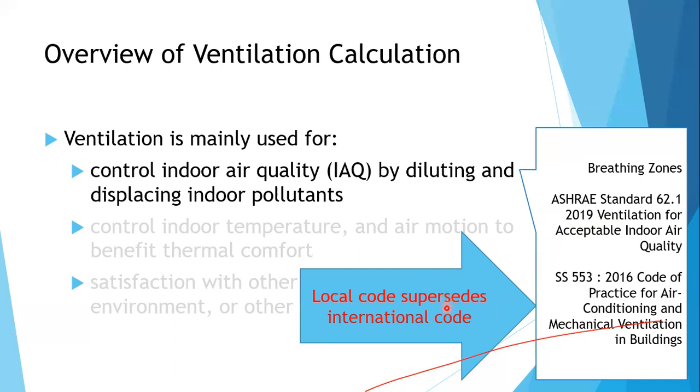But for local codes, there are different areas or applications that are unique to their locality. That's why local codes are always higher than the international codes. Only when the local code is incomplete, or does not specify, then you refer to international codes. Okay? Question so far?